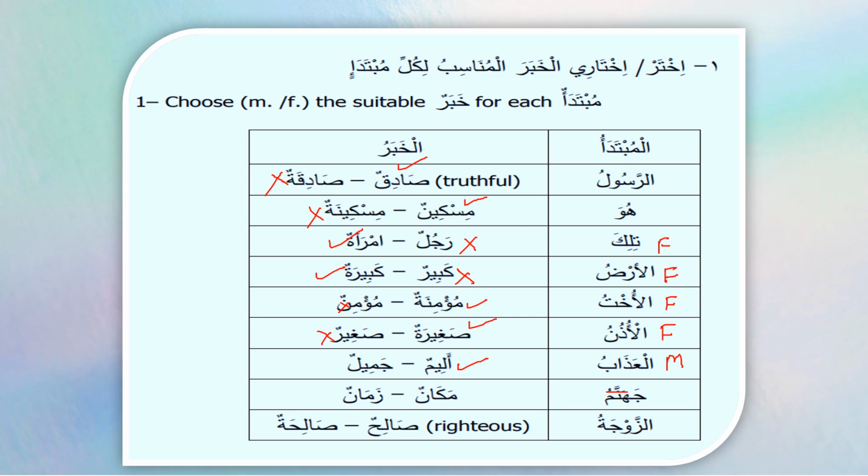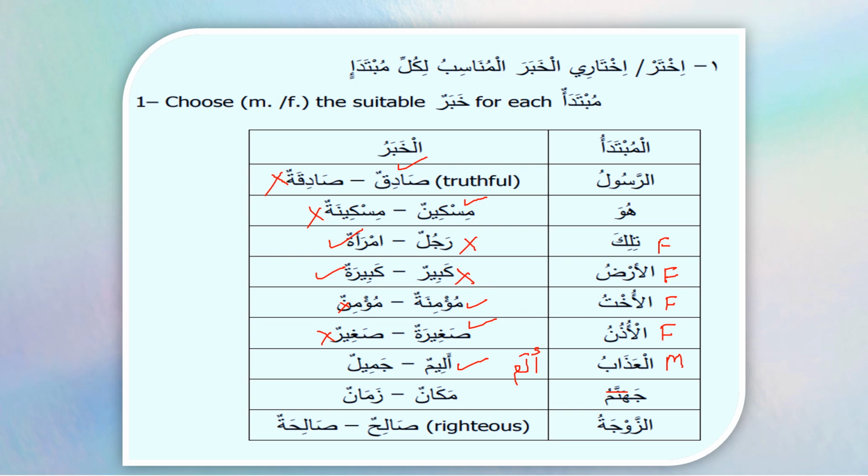Go for the meaning then. Azab cannot be beautiful. Jamil means beautiful. Azab, torment, cannot be beautiful. So alim means painful. The word alim comes from the word alam. Alam means pain, and alim means painful. So azab, torment, is always painful.